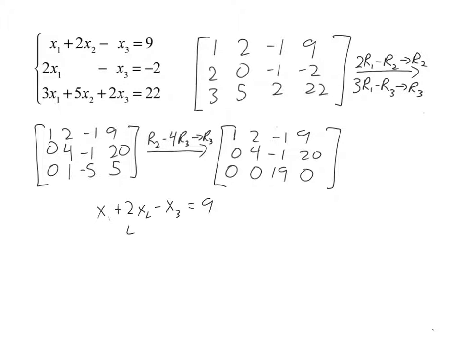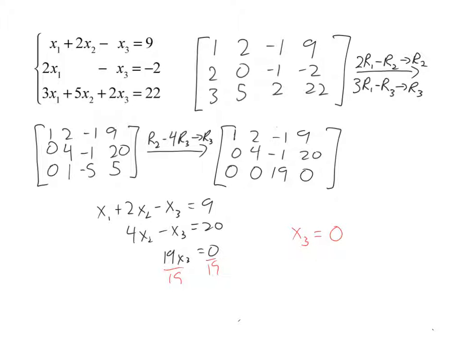I have 4x2 minus x3 equals 20. And then I have 19x3 equals 0. Now, what I can do is divide both sides by 19. So if I divide both sides by 19, you get x3 equals 0.